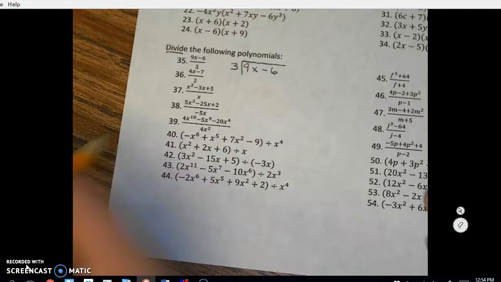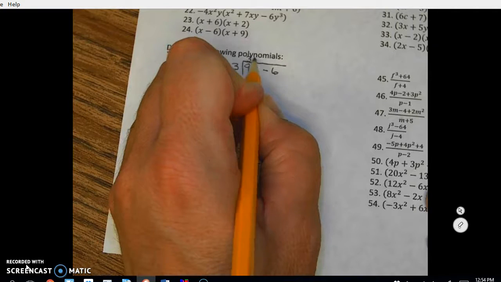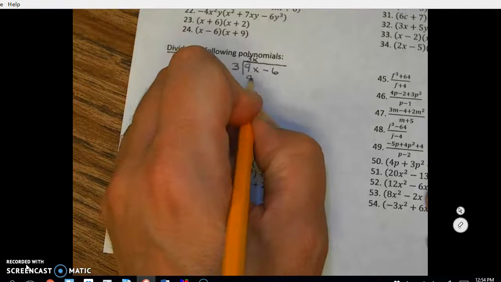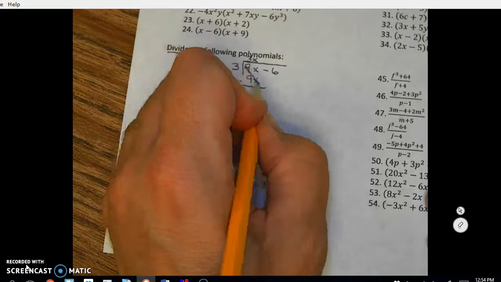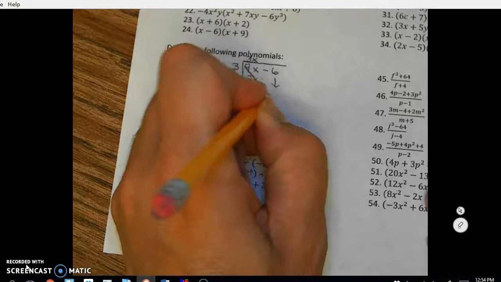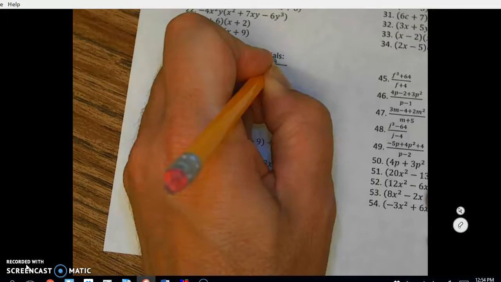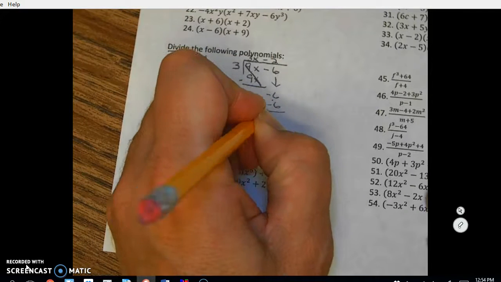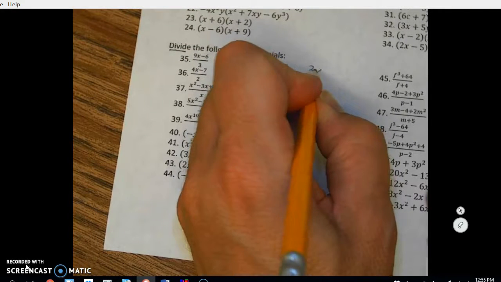I'm going to use long division here. 3 goes into 9x, 3x times, and then 3 goes into negative 6, negative 2 times. So when you divide these, you get 3x minus 2.